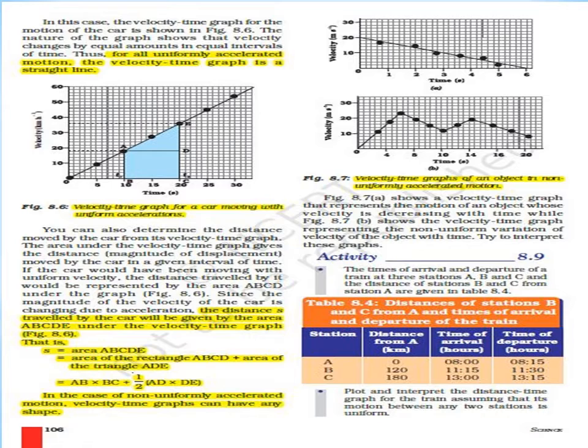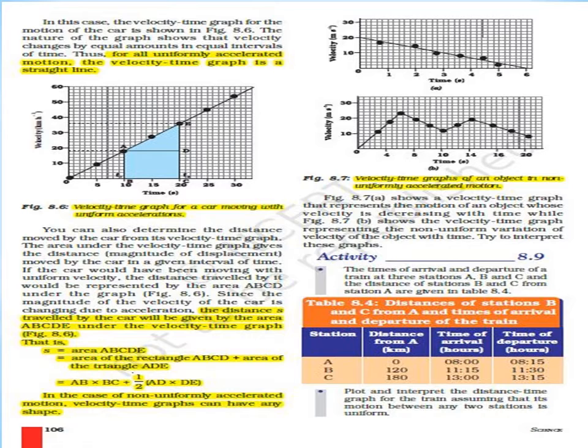This can be measured as S is equal to the area of this shaded portion. So we divide it into two parts, rectangle ABCD and triangle ADE. The rectangle's area is AB into BC, and the area of the triangle is half into AD into DE. Similarly, we can measure any distance from the velocity time graph.